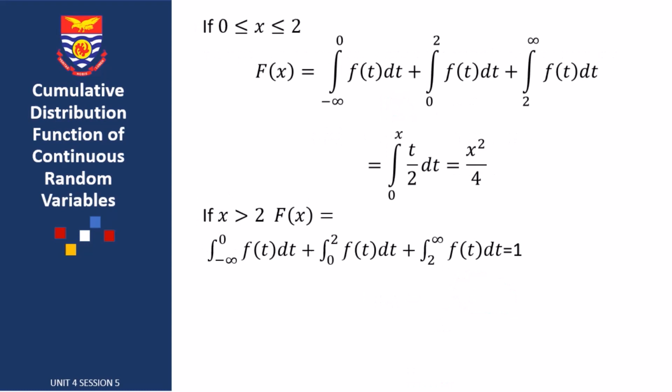The next one is integrating from 0 to 2. We talk about cumulative, so we start from negative infinity to 0, then from 0 to 2 of f of t dt, and then from 2 to positive infinity. The extremes, or the endpoints, will always give us 0.